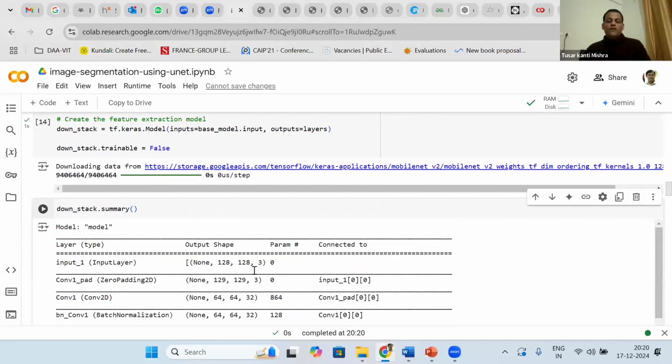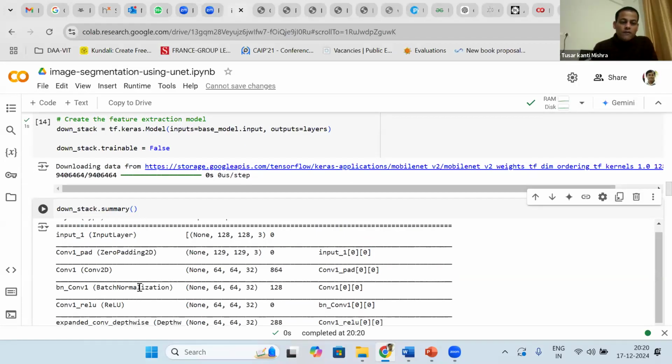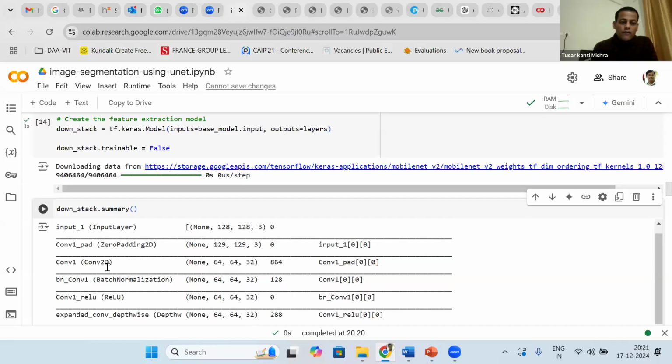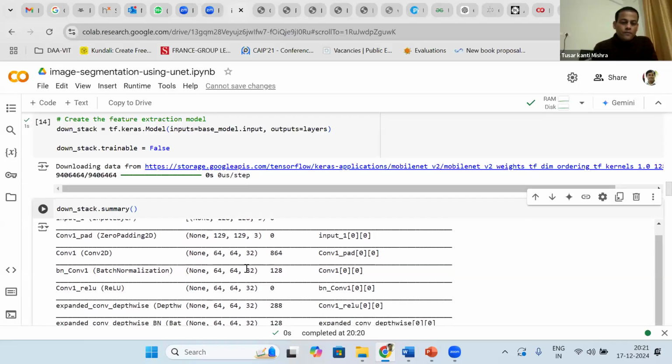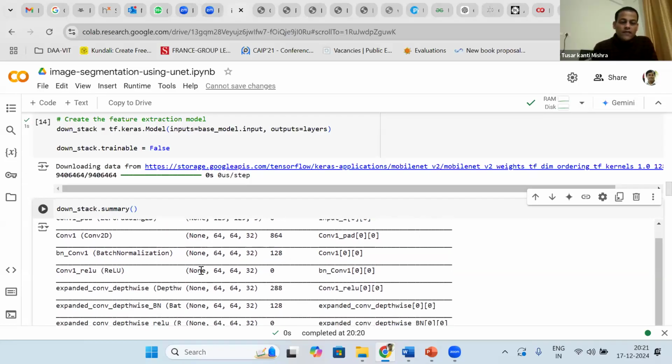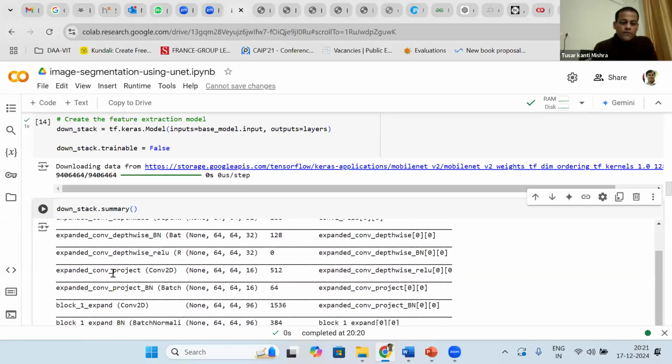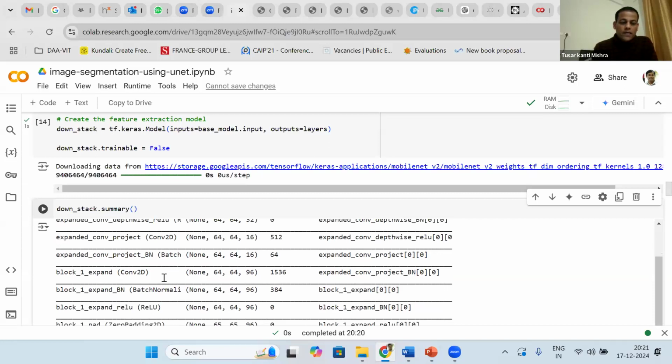The input size is 128 cross 128 with 3 channels, which we kept at the beginning. It is intact. Then zero padding, then 2D convolution, which results in 64 cross 64 cross 32. Then the activation function, and again another convolution operation.